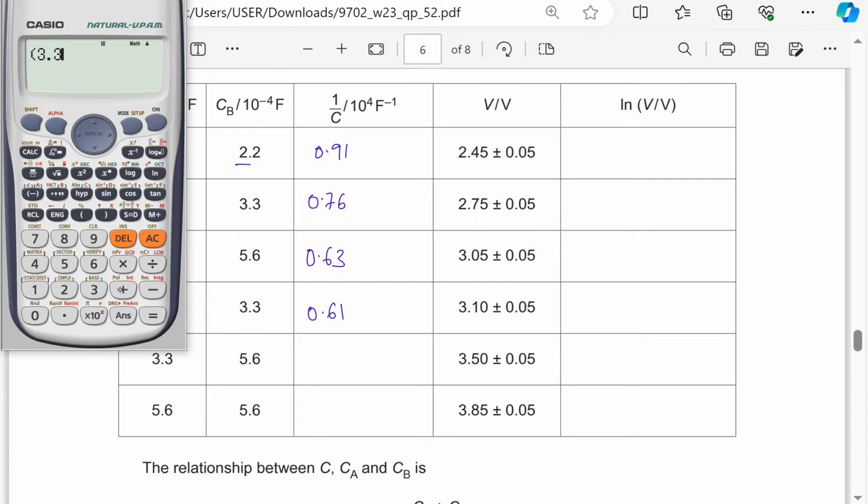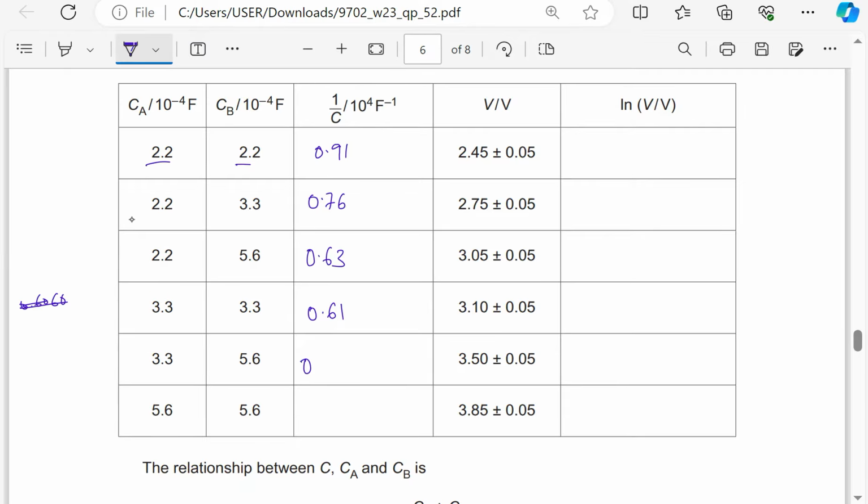Then the next one is 3.3 plus 5.6 divided by, open brackets, 3.3 times 5.6. So that is 0.48.